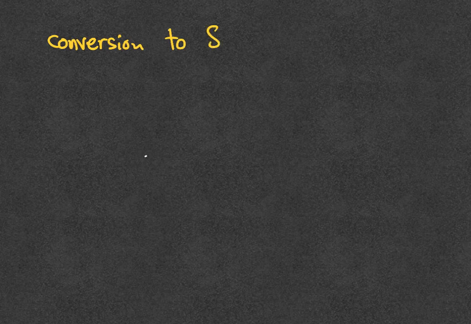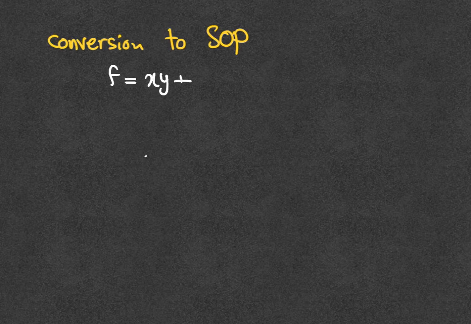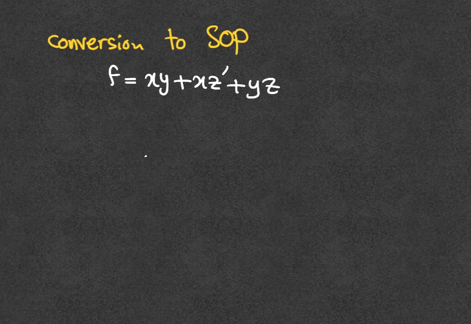So let's first discuss the conversion to SOP. Let's say you have F equals XY plus XZ prime plus YZ. This is not canonical form.